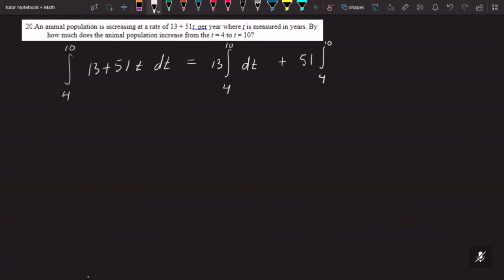Again, we split the integrals up into two pieces. So we have 13 integral dt plus 51 integral of t dt, evaluated from 4 to 10. When we solve these integrals, we get 13t plus 51t squared over 2 from 10 to 4.